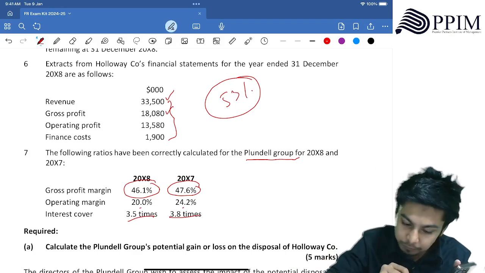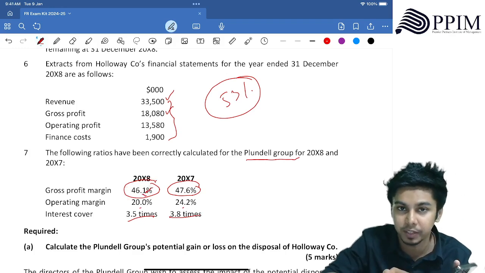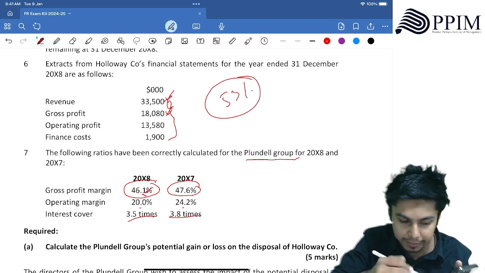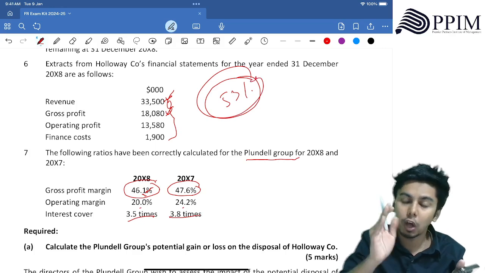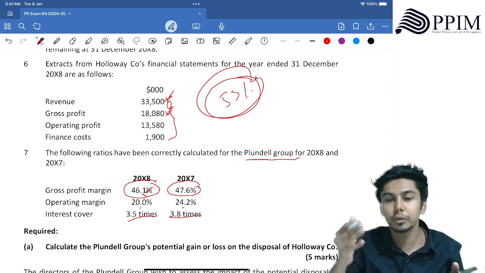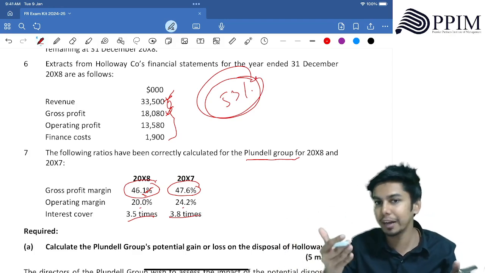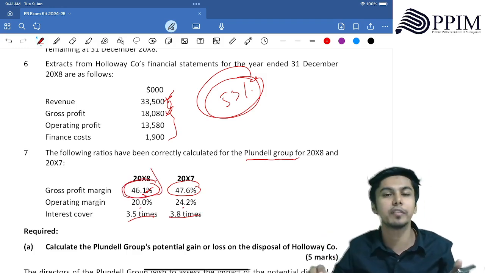In 2008, both together 46.1%. Holloway alone I calculated at 53%. So Holloway alone has a higher margin than the group itself. So the one not performing well is Plundle and not Holloway. Because of Holloway only, it is at least 46.1%.